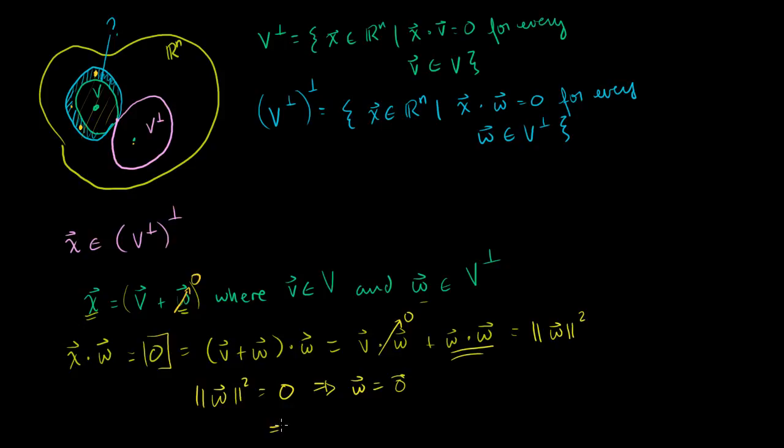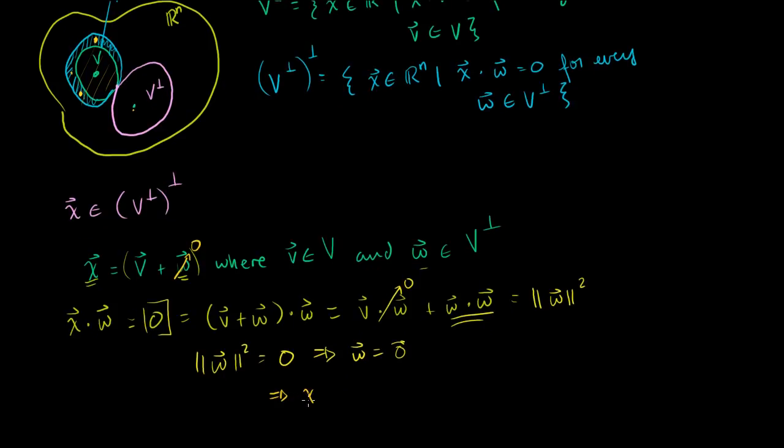So that implies that our original vector x is equal to v. And v is a member of our subspace v, right? So that tells us that x is a member of our subspace v.